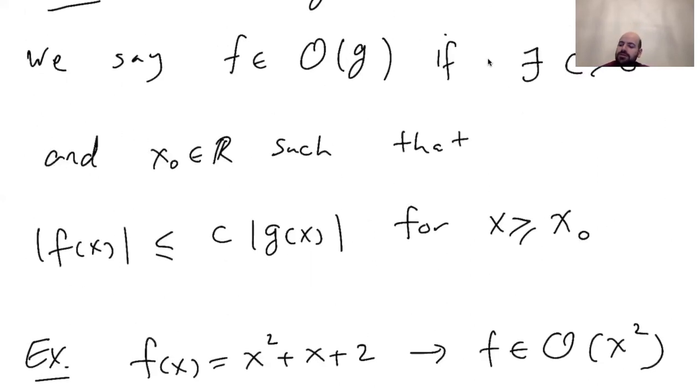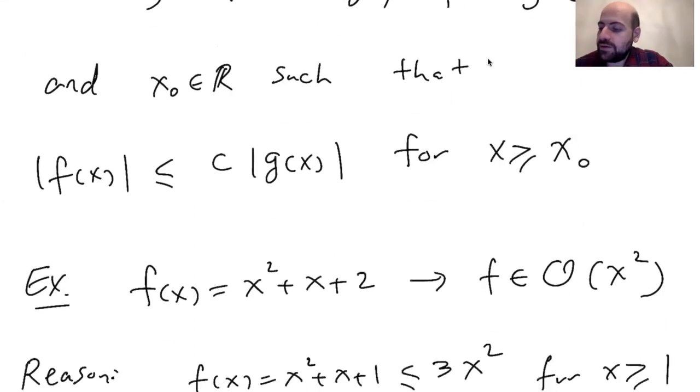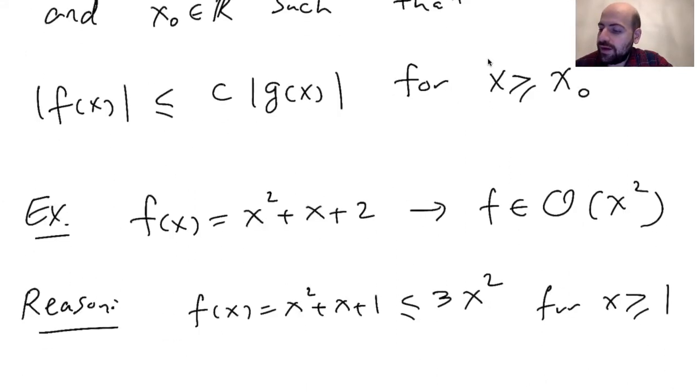This is the definition. Now, if x is bigger than 1, of course, the absolute value of f(x) is the same as f(x) itself, because everything is positive: x squared, x and 1, or rather 2, I said, plus 2. So then I need x squared.